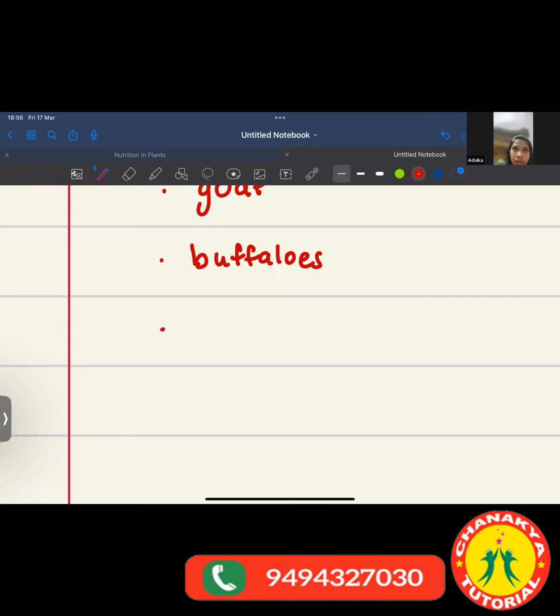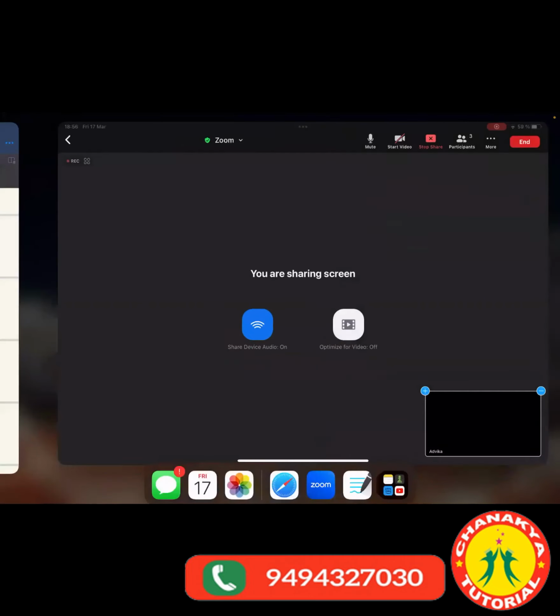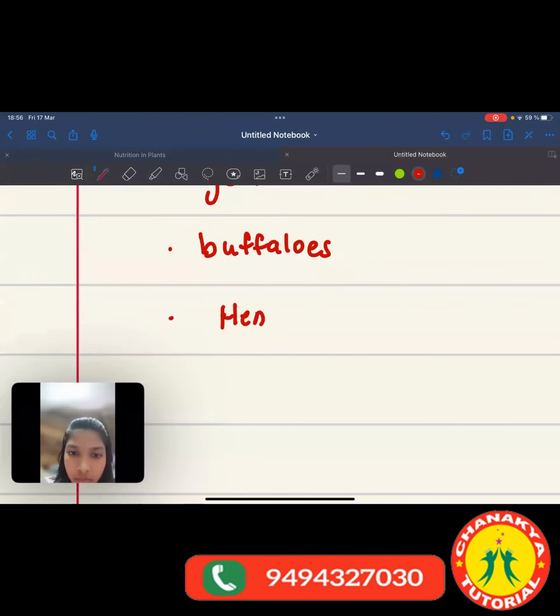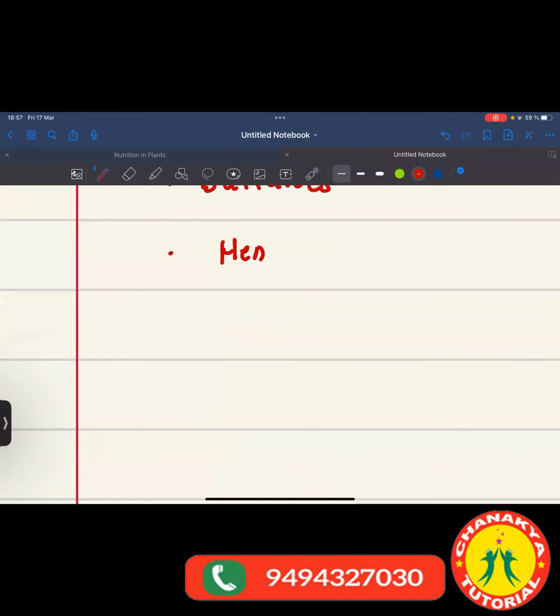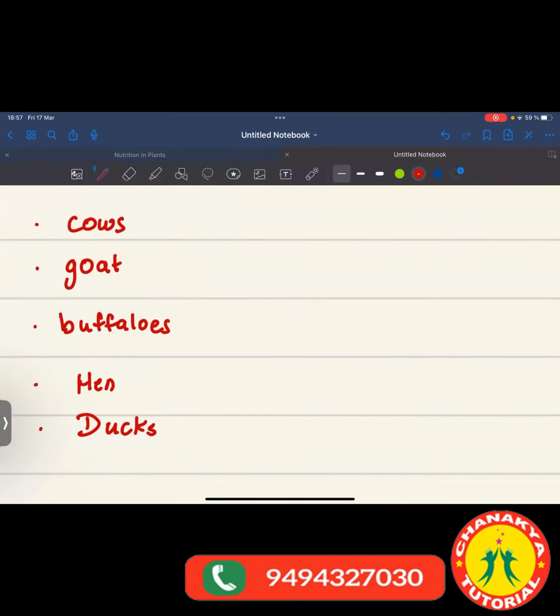Like the hen, ducks. Yes, okay. These are just a random classification of animals.